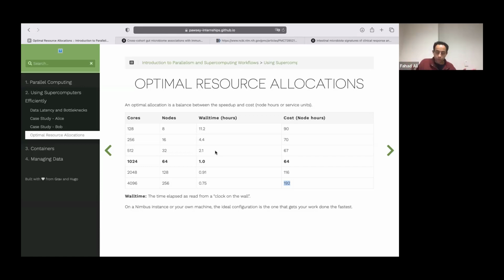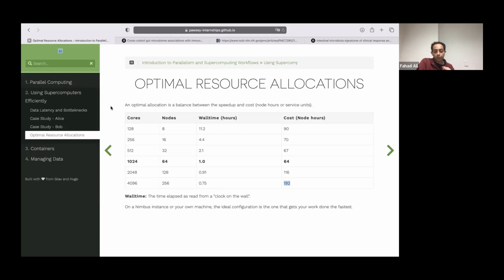This is in terms of the fair use of the system, so you need to be a little bit strategic in what you request. But if you owned Pawsey, if you owned the entire supercomputer, you wouldn't care, right? Because there would be no cost associated. So if you wanted to run 4,000 cores, you could totally do that.